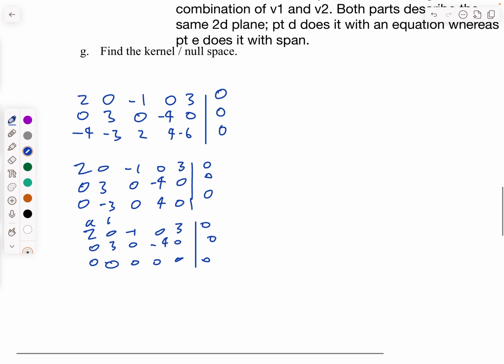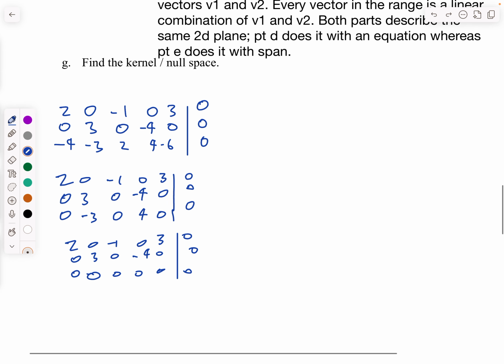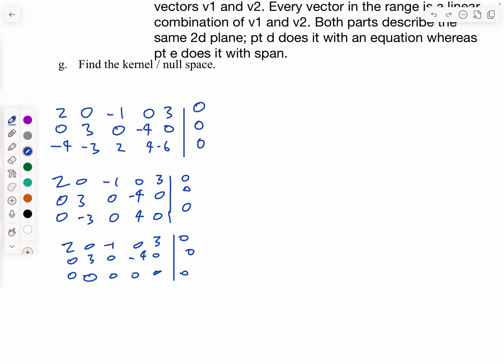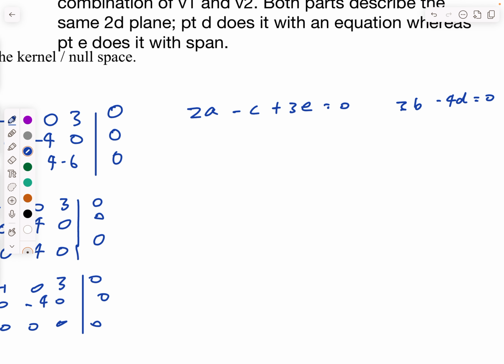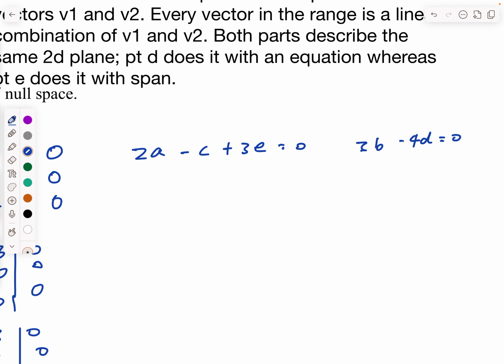Looking at the first line, we can think of this as A, B, C, D, E, these representing the columns that they're below. So looking at the first row tells us that 2A minus C plus 3E is equal to 0. And the second row tells us that 3B minus 4D is equal to 0.